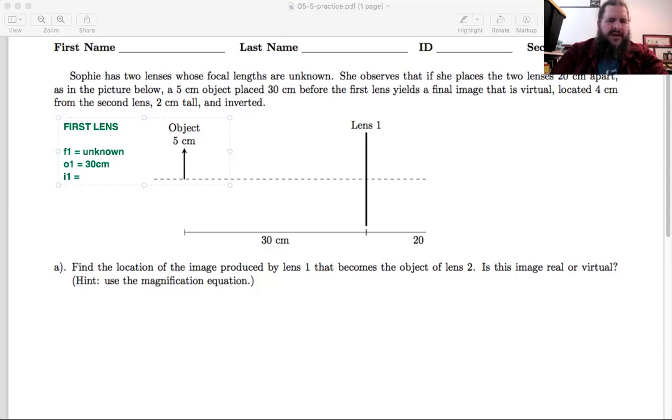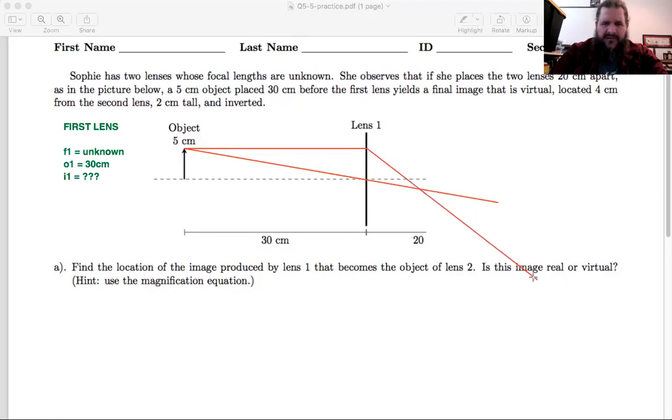And we know that's going to create an image, but we don't even know where the image is. Might be a real image, might be a virtual image. Let's assume for the moment that it creates a real image. Presumably, we're going to do some sort of ray tracing. Maybe we've got, and I'm just eyeballing the ray tracing here, I have no idea where the focal length actually is.